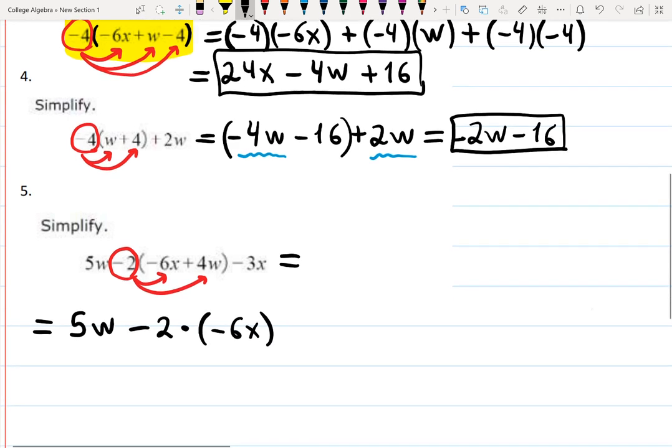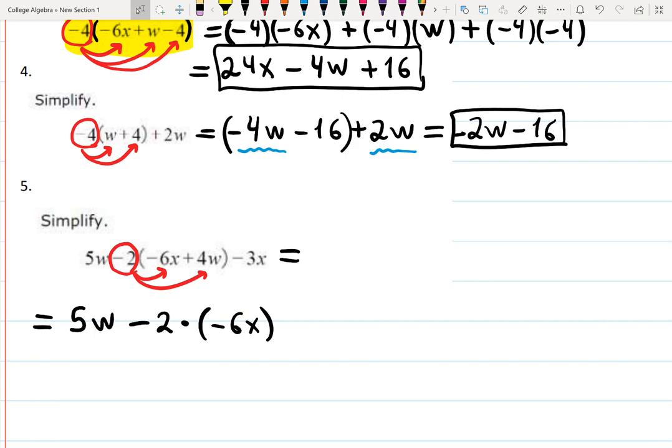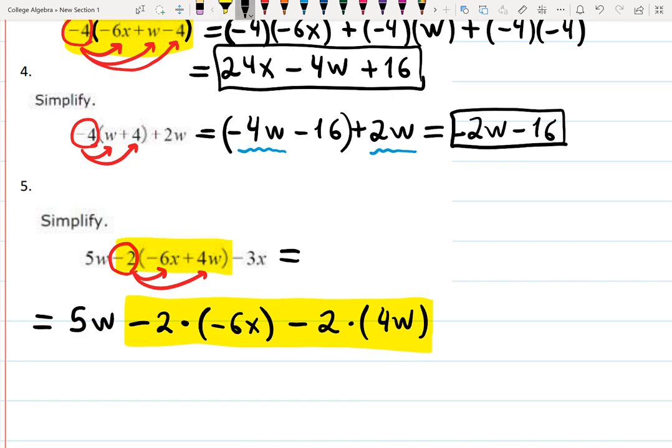You can see how I did not put parentheses outside of minus 2. I kept it as negative 2, but then I did put parentheses outside of negative 6x. And you will see it's still good to do it this way. Then minus 2 times 4w, and this part over here is part of the distribution of these parentheses here, minus 3x.